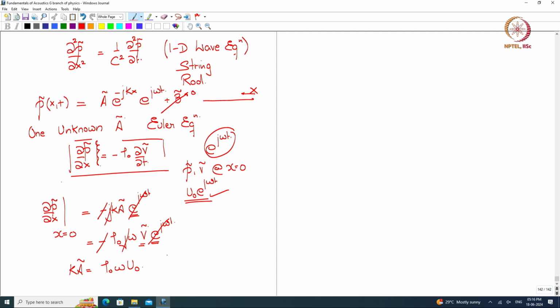So k is omega by c, and A tilde is rho 0 c u0. The one unknown we have has been found. So my solution p of x comma t is rho 0 c u0 e to the power of j omega t minus kx.